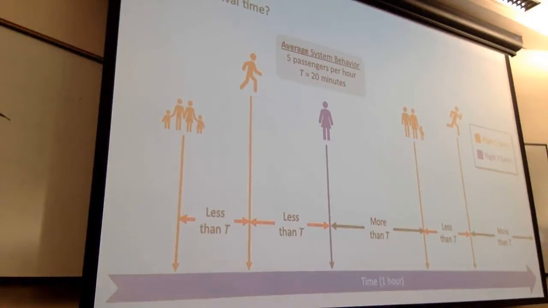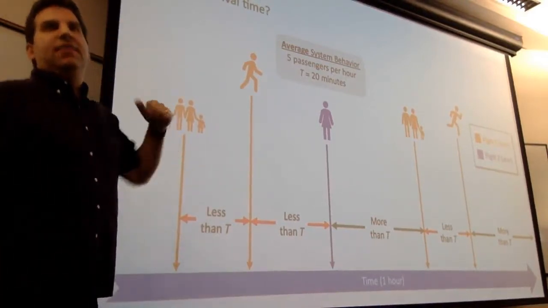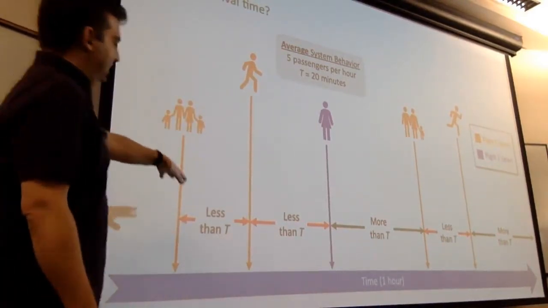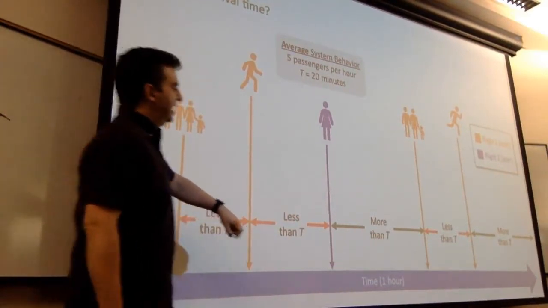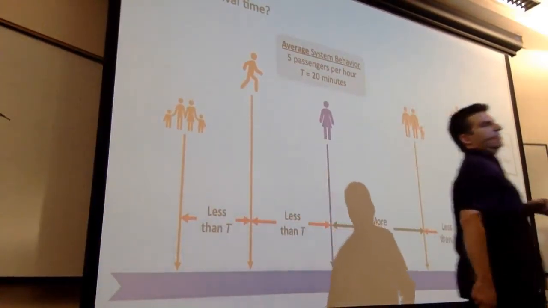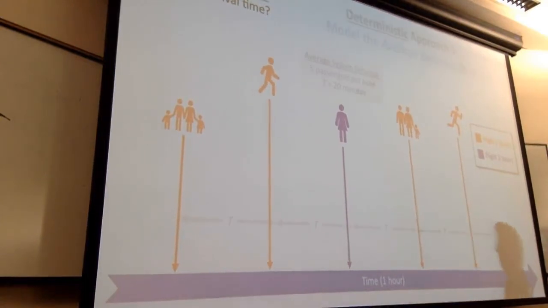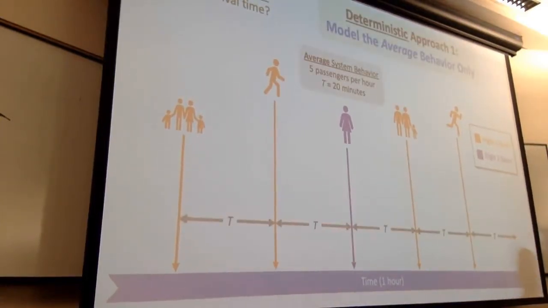So I could say, well, what's the average time between arrivals? But I see that there's some that are going to be less than average, and some that will be more than average. Now, the deterministic approach would be to just assume that there's always the average time between arrivals, and I could use something like you see in, say, 470, where you just assume a rough arrival rate.